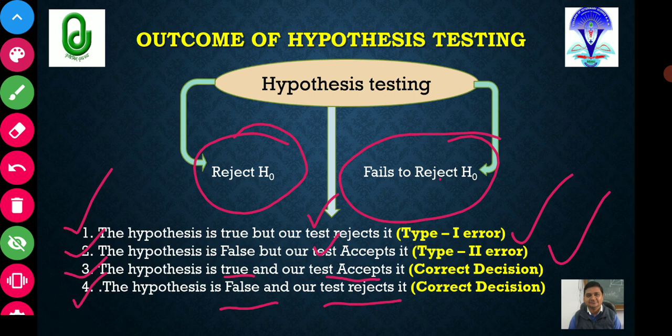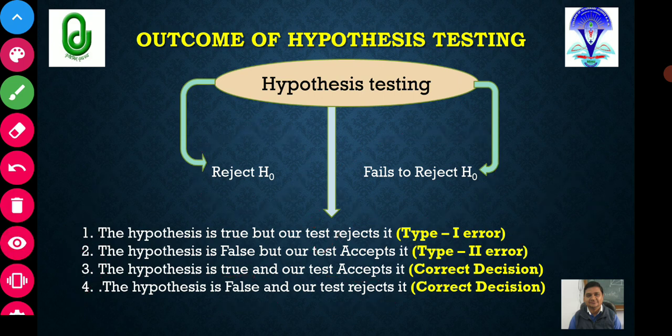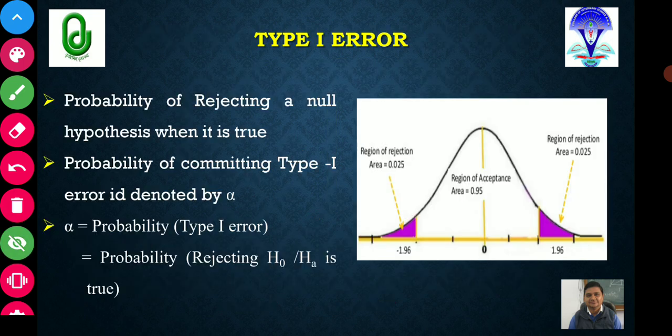Now, here you can see we have listed two types of error, type 1 error and type 2 error. What those type 1 and type 2 errors are, we will be seeing in the next slides. So, first is type 1 error. What is type 1 error? It is the probability of rejecting a null hypothesis which is true.